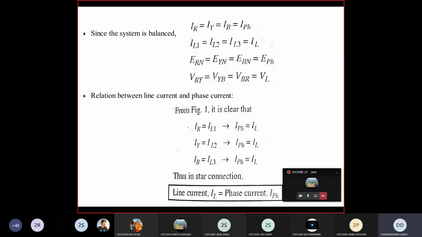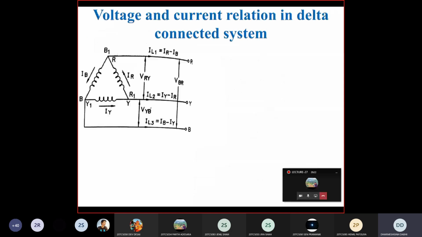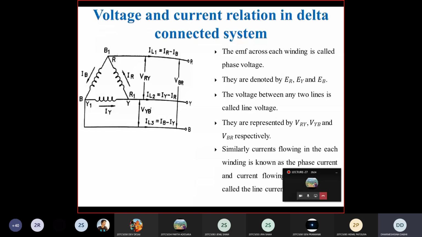So phase current is what? Phase voltage divided by phase impedance. Here the per phase impedance is given in this example as 3 plus J4, so per phase impedance is 5 ohm.